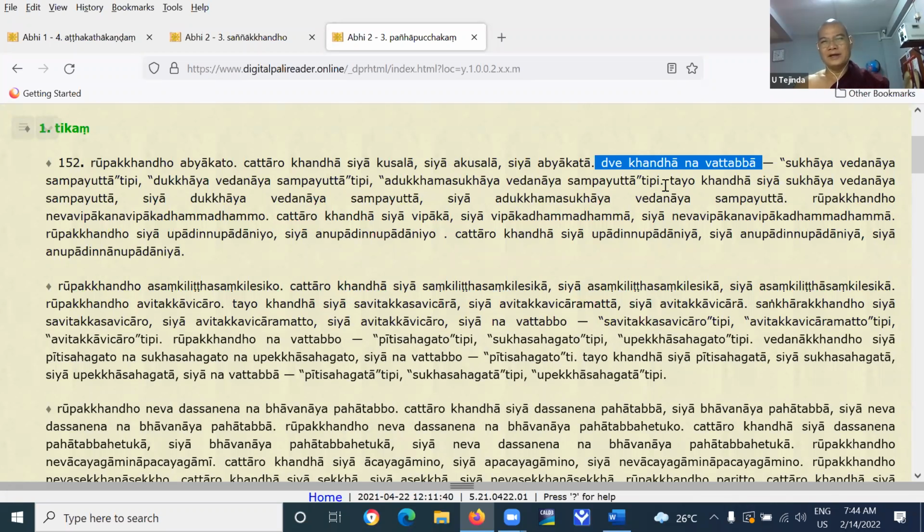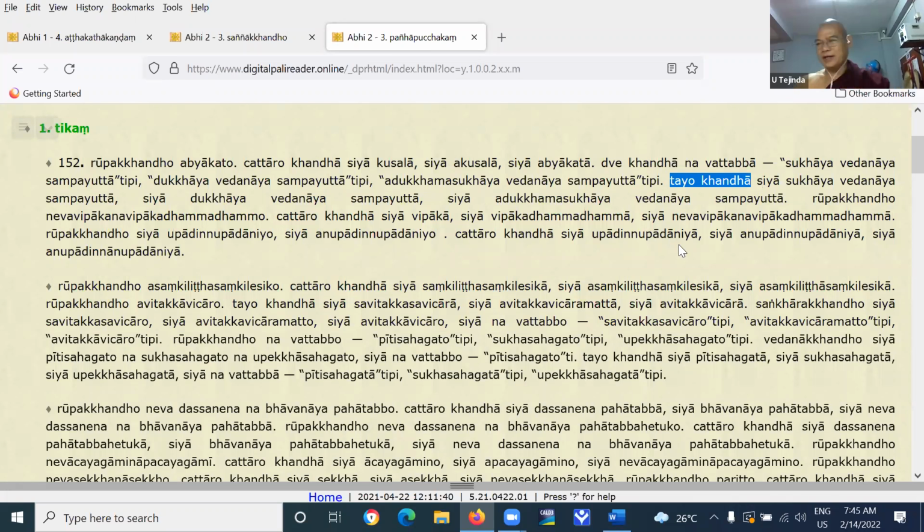So you have rupa khanda and vedana khanda here. They should not be said to be sukhaya vedanaya sampayutta. Rupa also is not associated with any vedana. That's why. Tayo khanda siya sukhaya vedanaya sampayutta, siya dukkhaya vedanaya sampayutta, siya adukkhamasukhaya vedanaya sampayutta. So the three khanda are easy for the vedana tika.